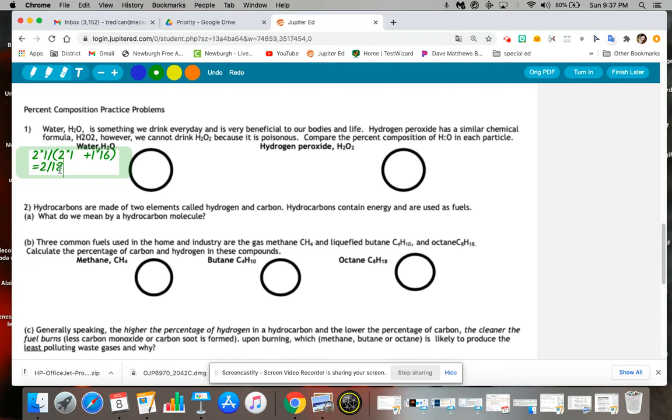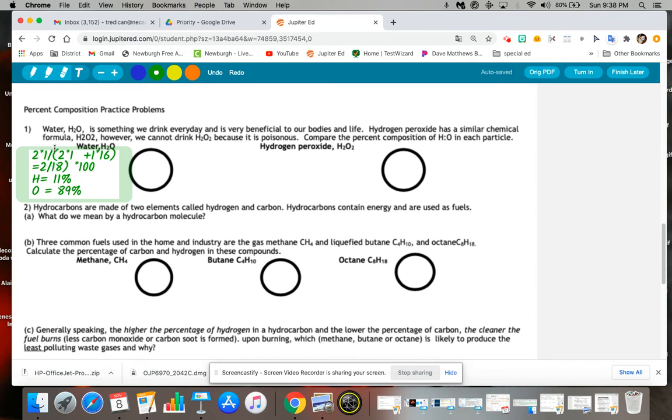I'm going to do 2 divided by 18 and then multiply by 100. So for hydrogen, its percentage is 11%. Well, if hydrogen is 11%, we know oxygen is the remaining amount, 89%.